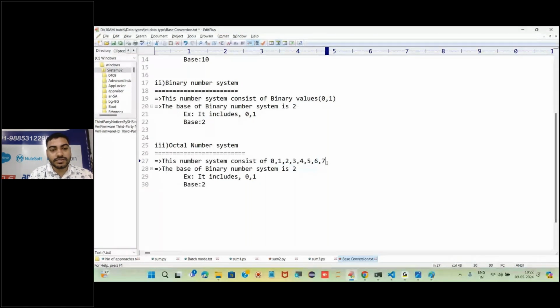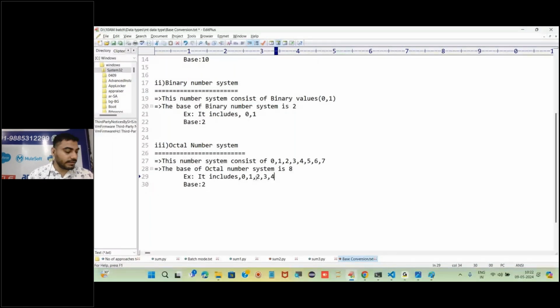The base of the octal number system is 8. It includes 0, 1, 2, 3, 4, 5, 6, 7. Base 8.